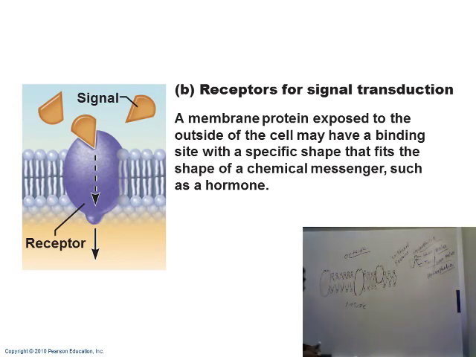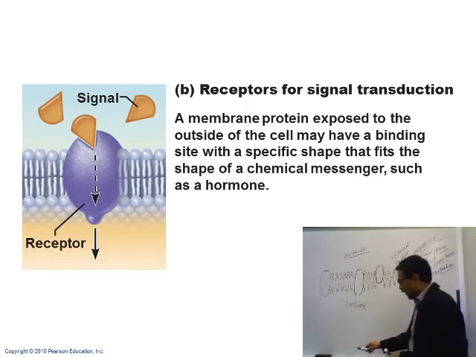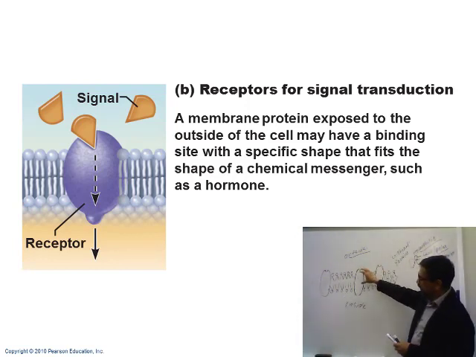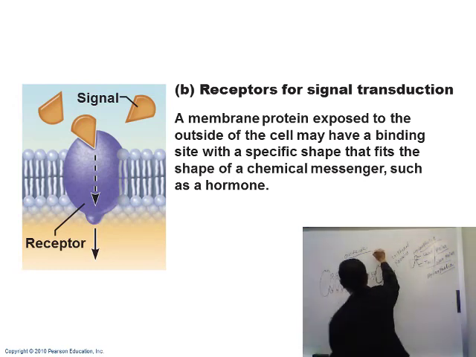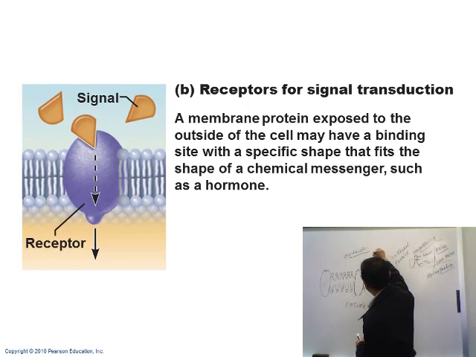Now, if a hormone wants to work on this cell, the hormone comes from outside, we know that, and if the shape of the hormone molecule is round, so this is the hormone, that is called the signal.